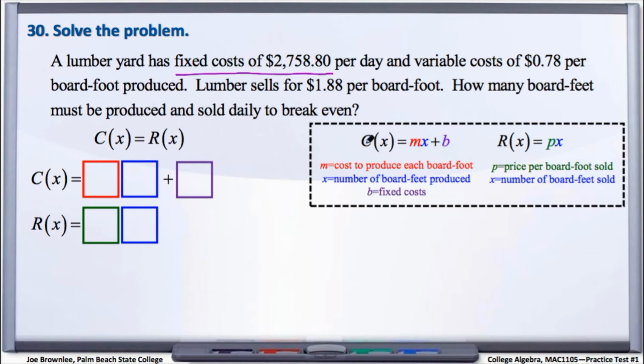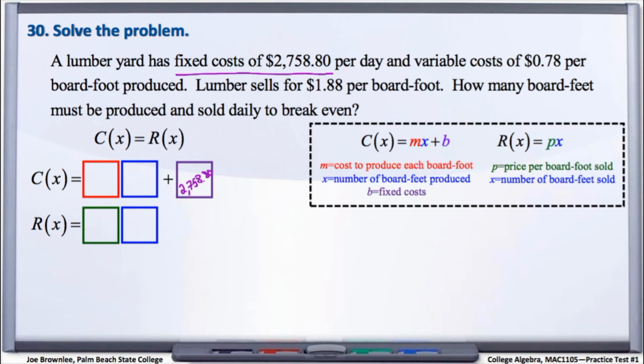In the cost function C of x equals mx plus b, the b represents our fixed cost, so b is $2,758.80 per day.